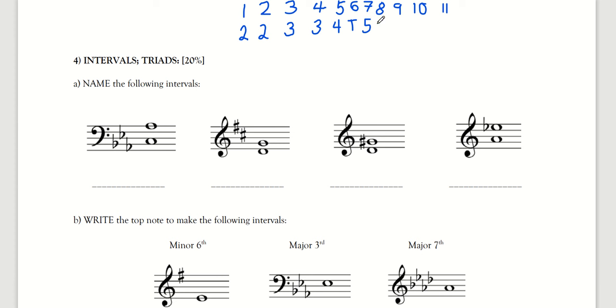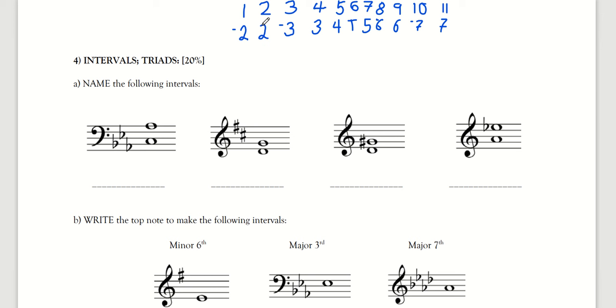Then we go 6-6, 7-7. And when we have double numbers, just in front of the first one of each set, I'm going to put a little minus sign to remind myself that these are minor.